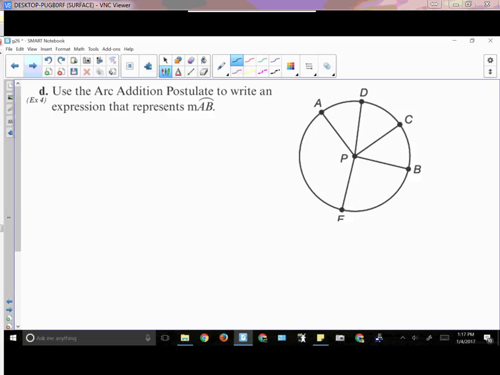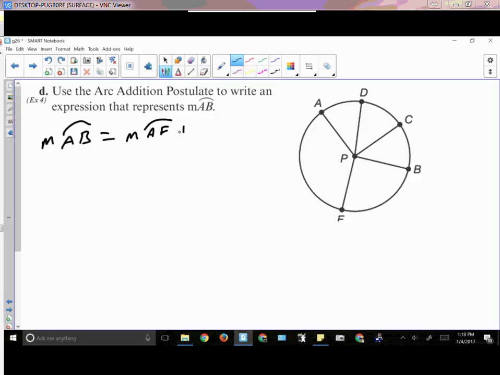All right. So, who can give me a possible arc addition postulate for the measure of arc AB? What could it be? You got an idea which two arcs you could multiply together or add together to get that? F. So you want measure of arc AF, you say?